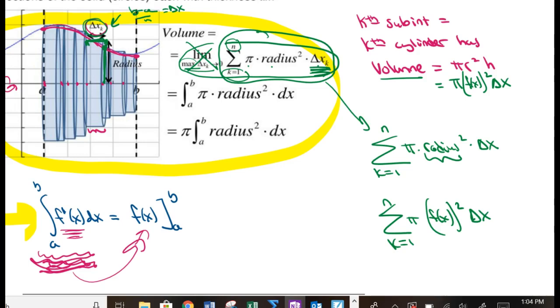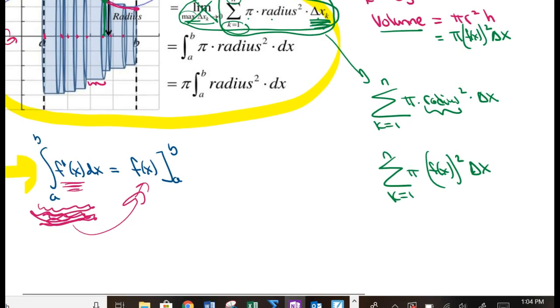Now all you have to do is say, okay, if I want delta x to approach 0, we've written the limit as n approaches positive infinity of the summation from k equals 1 to n of pi times f of x squared delta x.